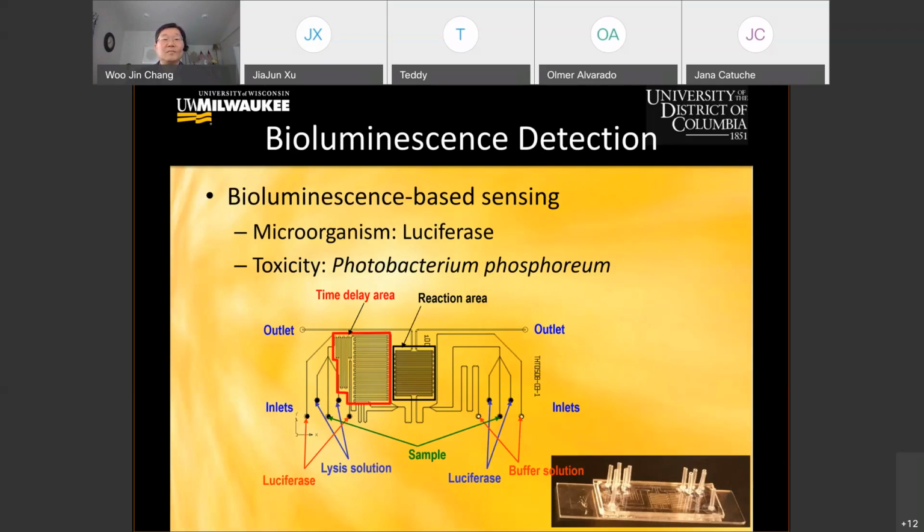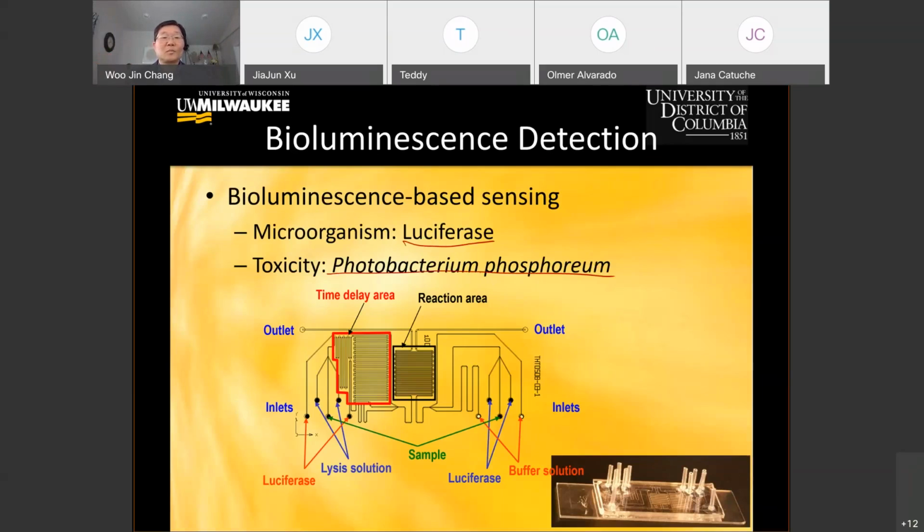And because both reactions use light as a source, the amount of light generated from luciferase will be connected to the amount of living organisms. And this light generation by phosphorium is also connected to the toxic molecule.